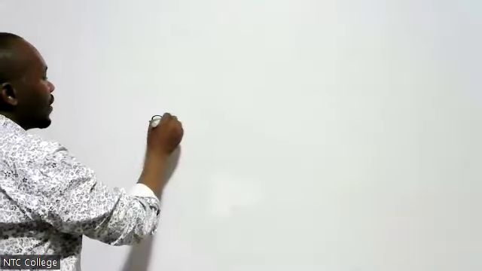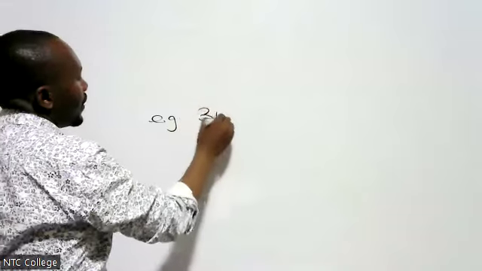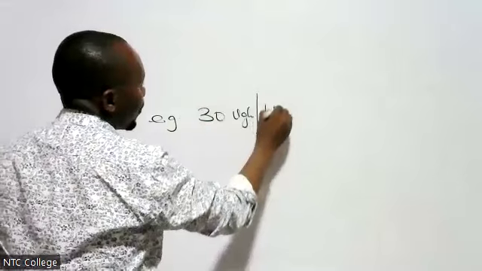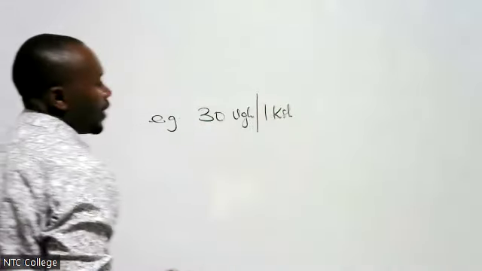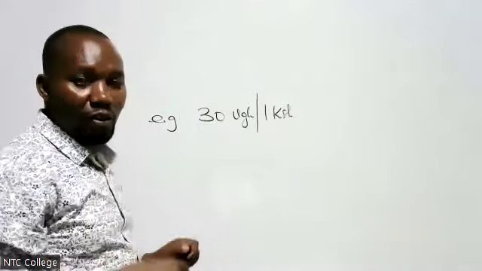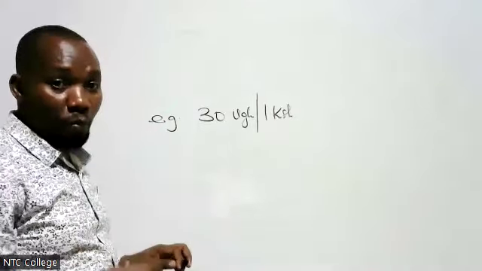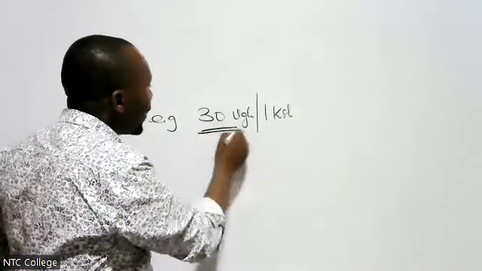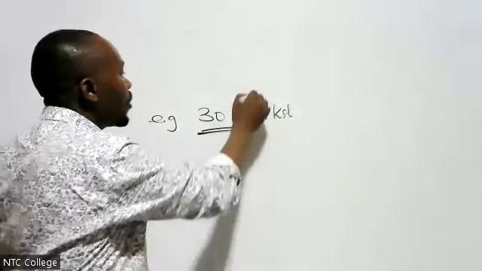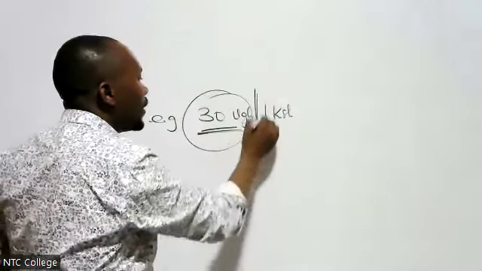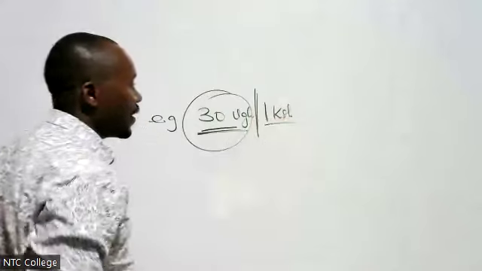That is indirect quotation. E.g., 30 Ugandan shillings per 1 Kenya shilling. So we are assuming that we are in Kenya, so Kenya in this case is the local country or home. We are given the amount of Ugandan shillings, which is foreign, that you require. You require 30 Ugandan shillings to get 1 Kenya shilling.